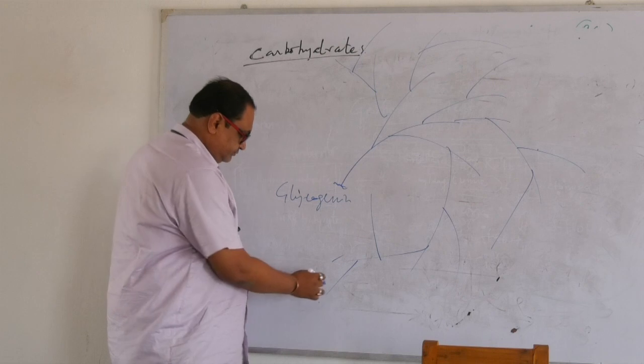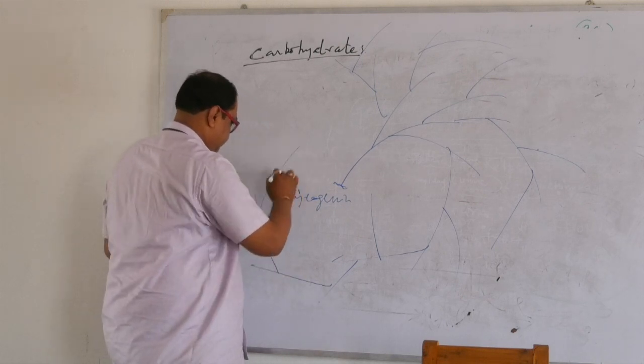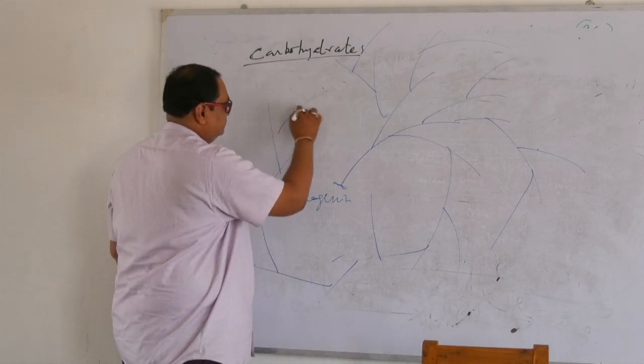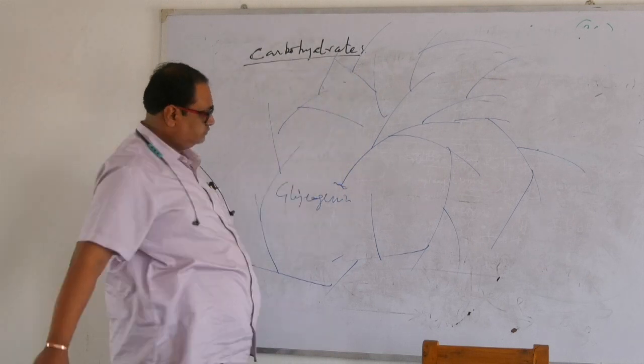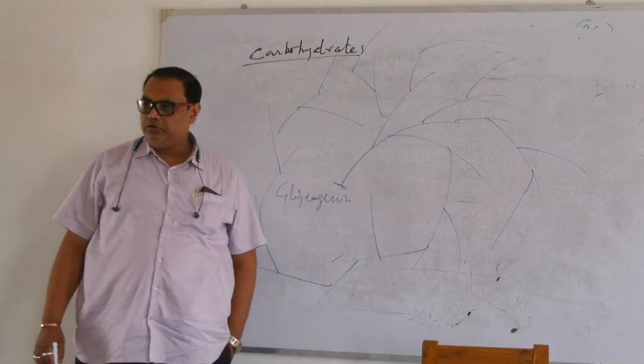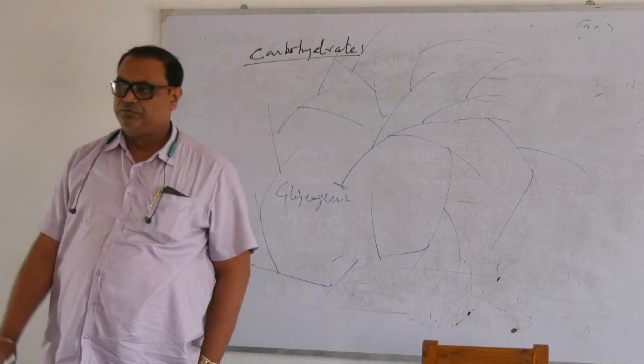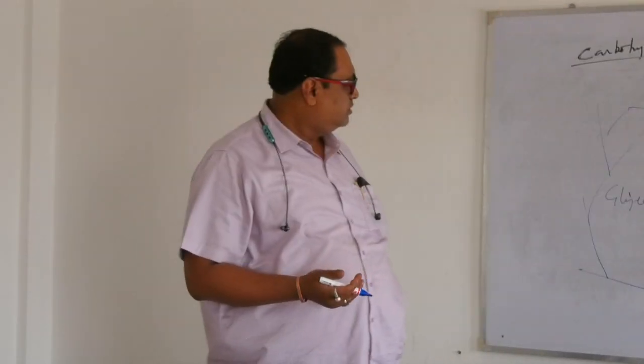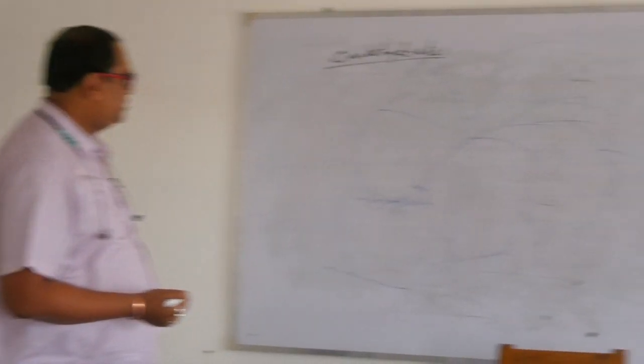A glycogen molecule looks like this under the microscope.